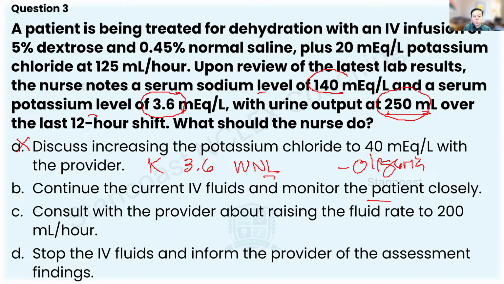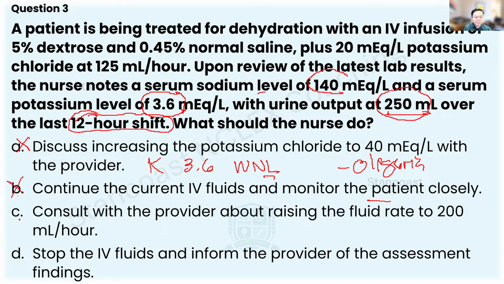Twelve hours have already passed. That is enough to cause renal failure in your patient. So if you selected letter B, remember that with oliguria, it can lead to more accumulation of potassium in the bloodstream. We are eliminating letter B.